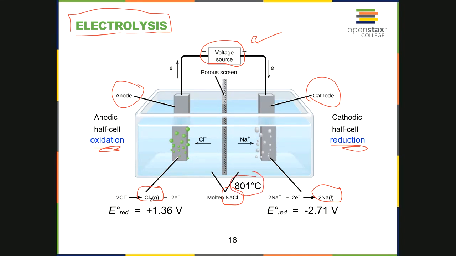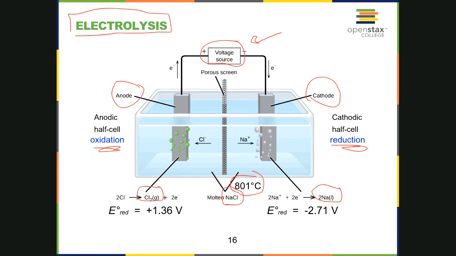So now we got molten table salt, or molten sea salt is what they would actually be using, something cheap like evaporating the water out of salt water. And then you would just have the sodium chloride. Heat it up to 800 degrees, have these two electrodes and a source of power.